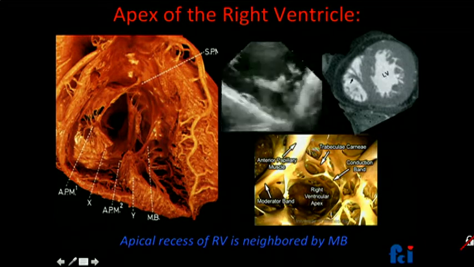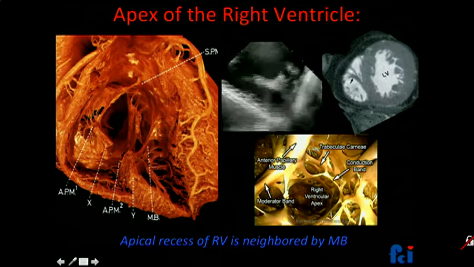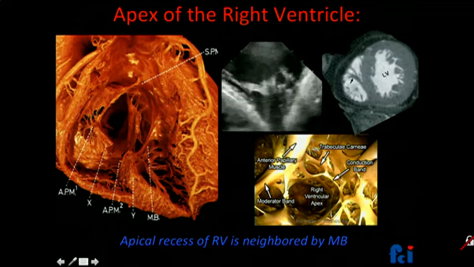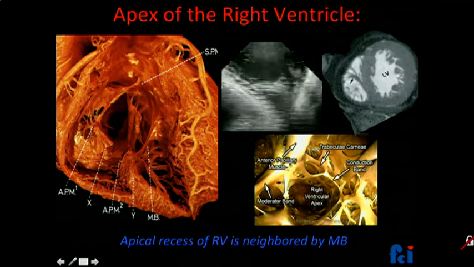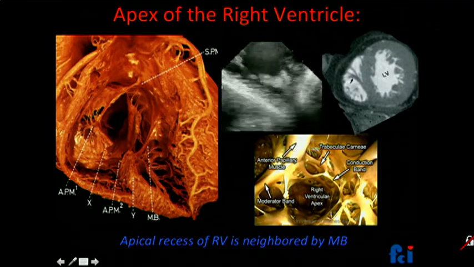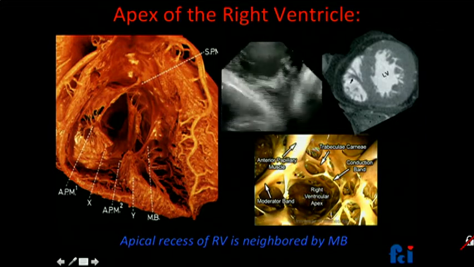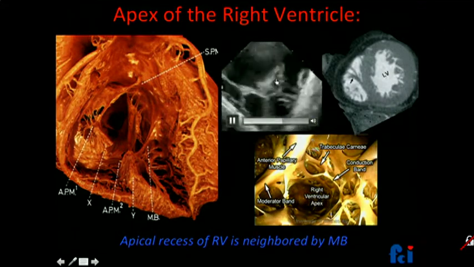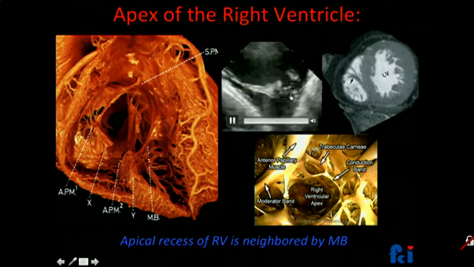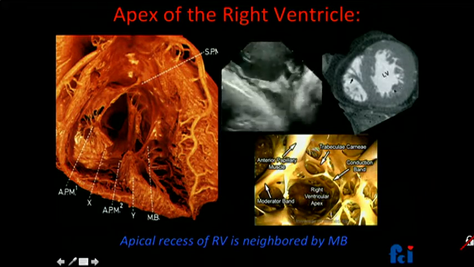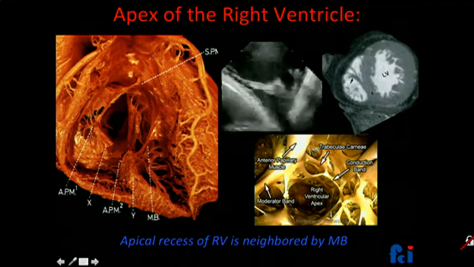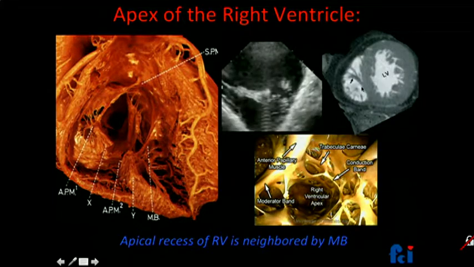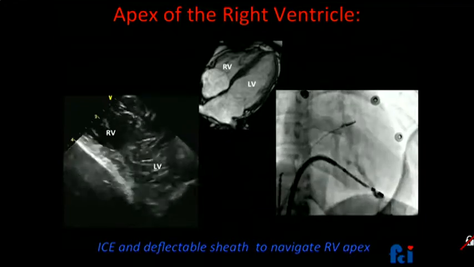When we place devices, almost always we feel obstruction to the advancement of electrodes or catheters. You can see on this image here to the right precisely the moderator band. You can see the apex and you can see the moderator band connecting with the anterior papillary muscle. And here you see it on an ultrasound, an echography, the moderator band, and here you see it also. And through here you can advance the catheters to go apical.